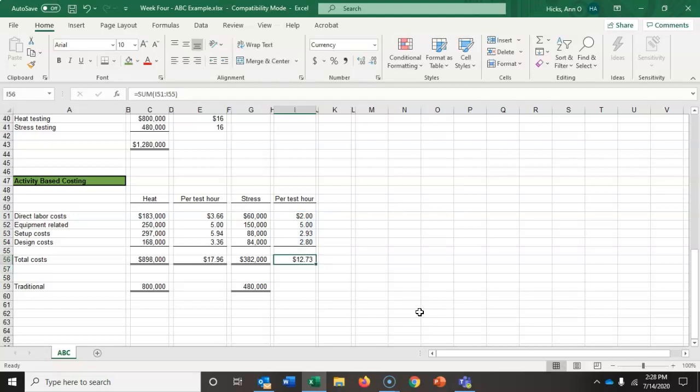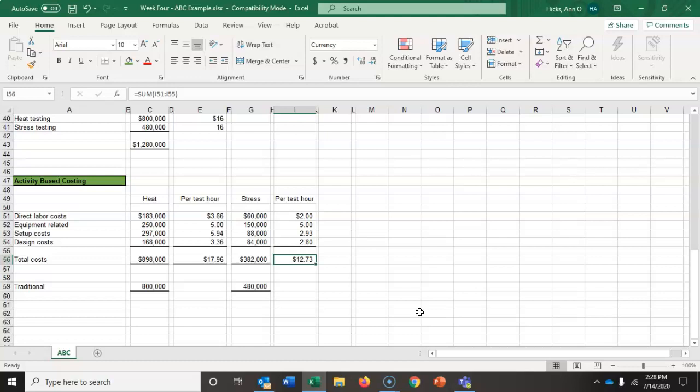Now what that means is, again, we've most likely been undercharging for the heat test and overcharging for the stress test. This is what is called cross-subsidization. So in essence, what the stress test has been doing has been subsidizing the heat test.